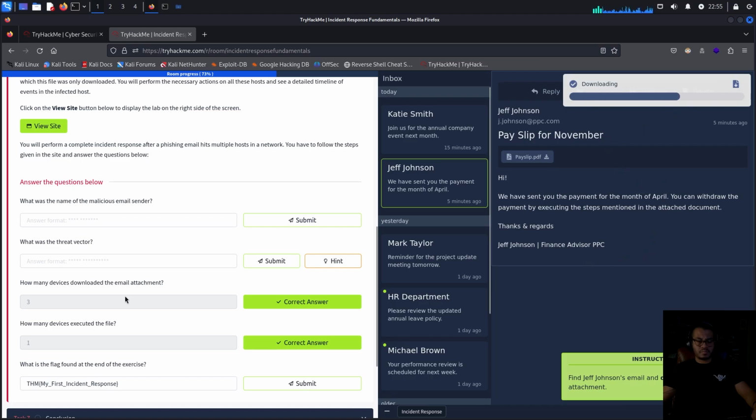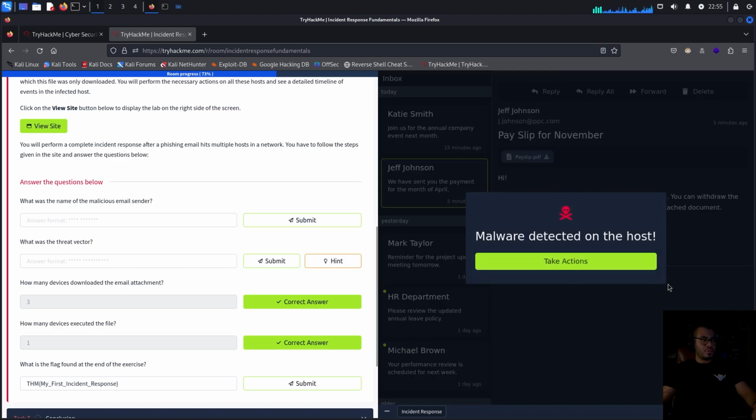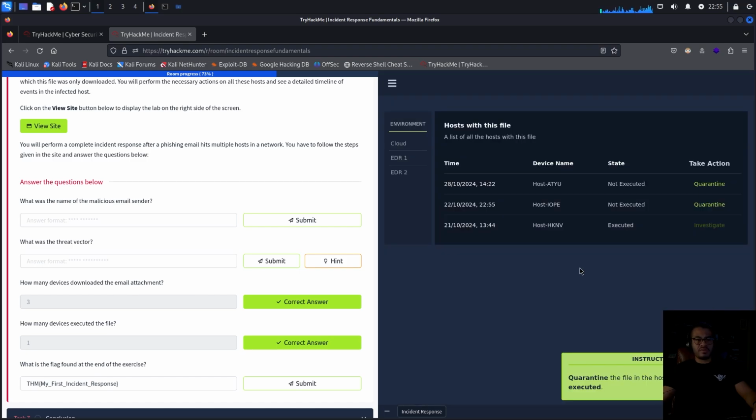Okay. What I'm looking for is what was the threat vector? Malware detection, action, environment, host, time, device name, not executed. But what if I want to see who was the sender?